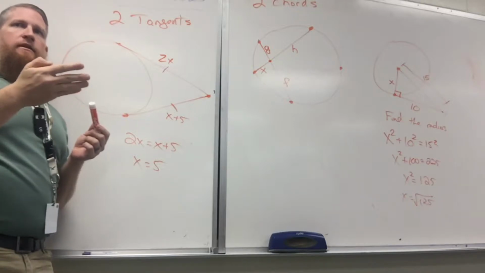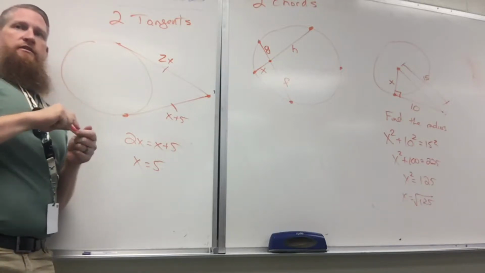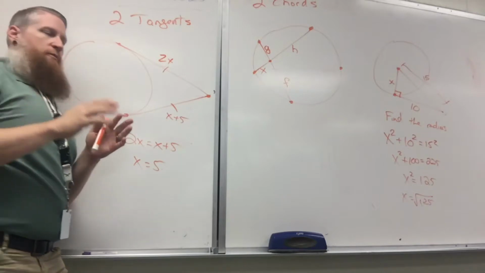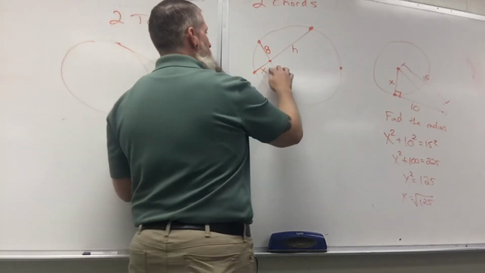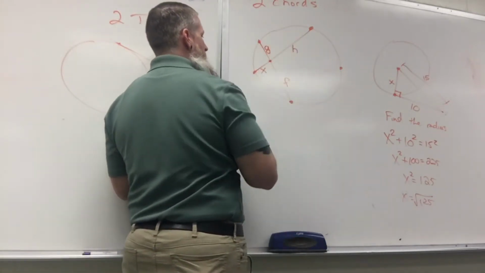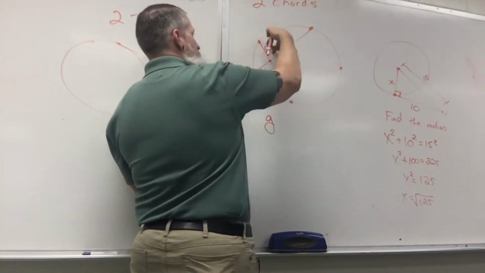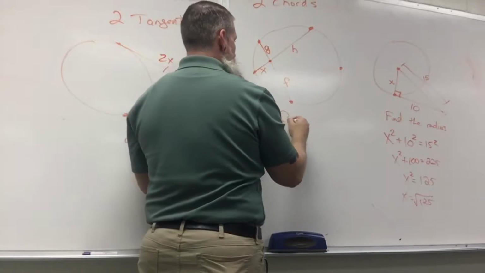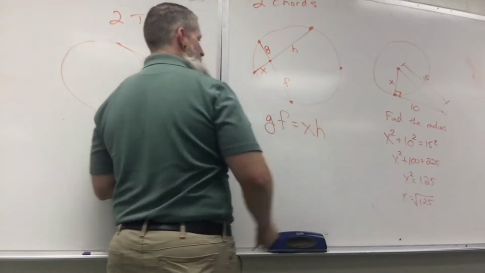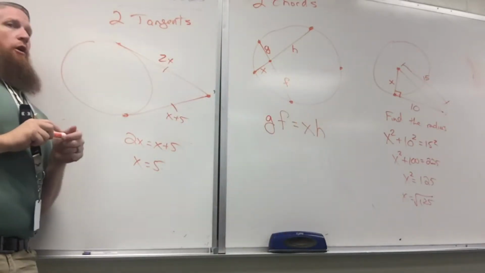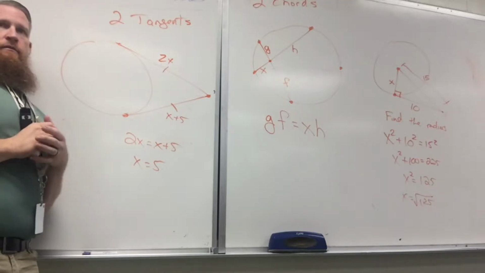Now there's no real magic trick behind this. You have to remember that these are broken up so that the two parts multiplied together have to equal each other. And it will always break up that way.